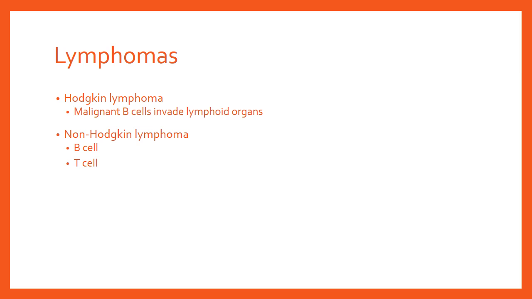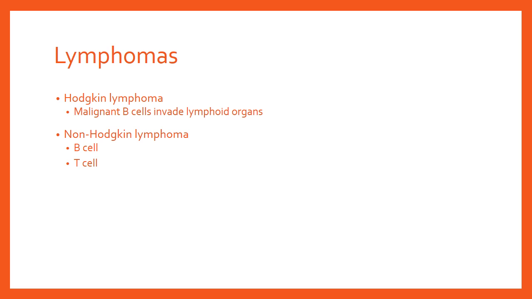If we have localized disease, we may treat it with radiation. If multiple nodes are involved, we may treat it with chemotherapy and radiation. So let's talk in detail about Hodgkin's lymphoma.